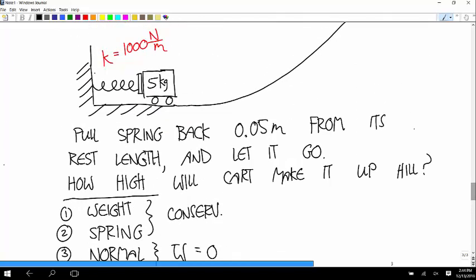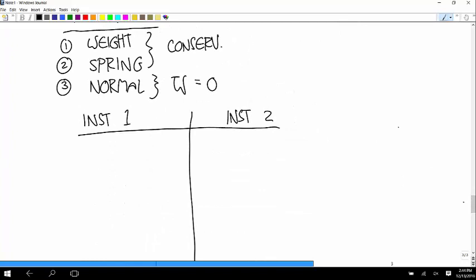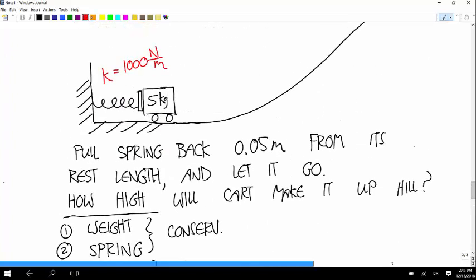We've done one problem like this before, but now we have to represent the potential energy at each one of these instants. We have to represent the potential energy due to the spring and the potential energy due to the weight. At instant 1, we haven't chosen a height equals 0, but I would always choose it at the lowest height of the thing.